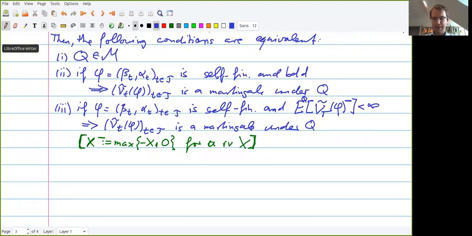And now I can formulate this even more generally, or even weaker. This is done in the next condition, which is condition 4.